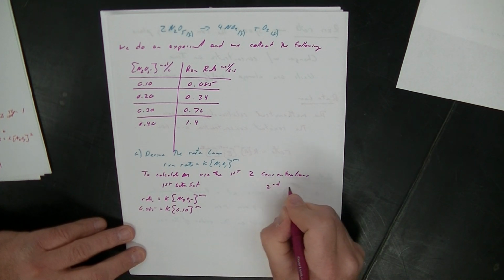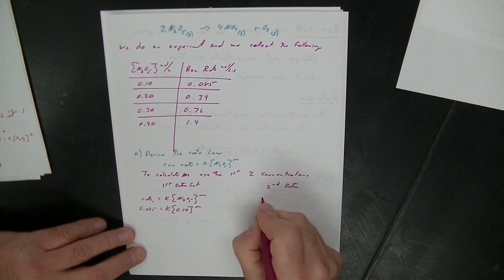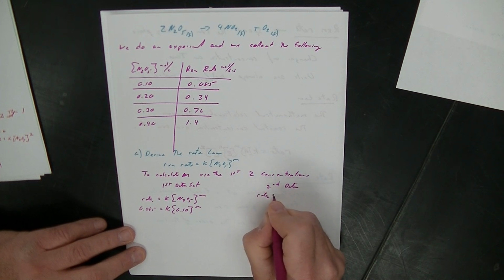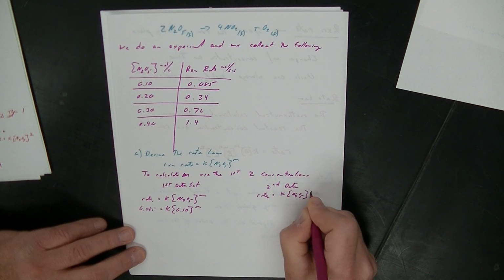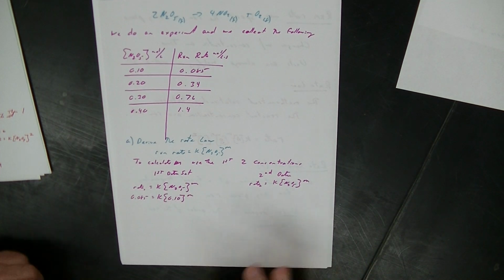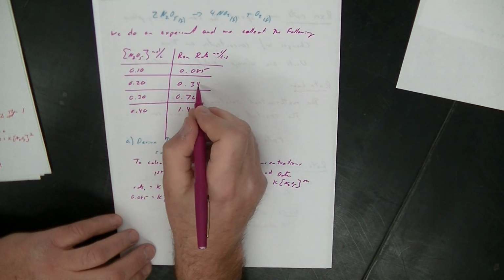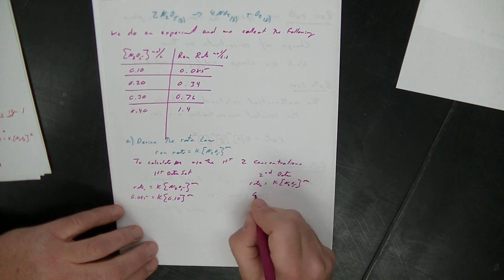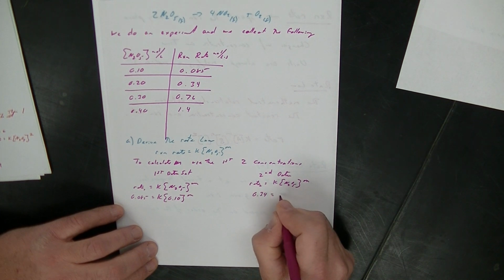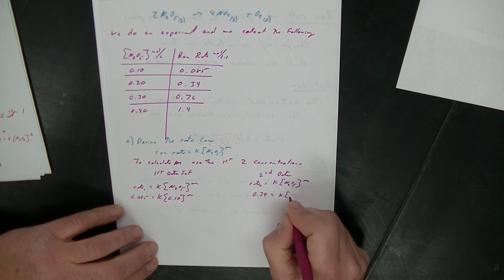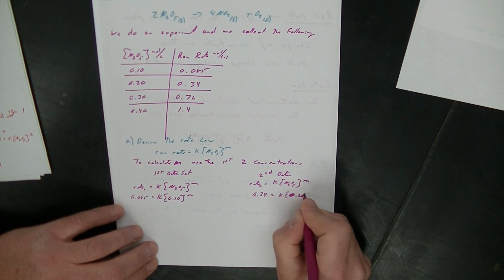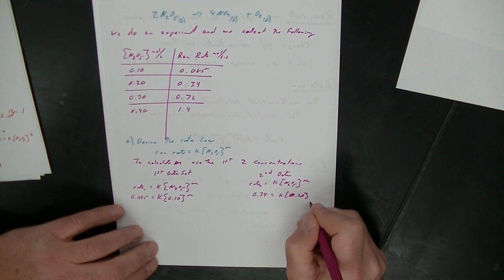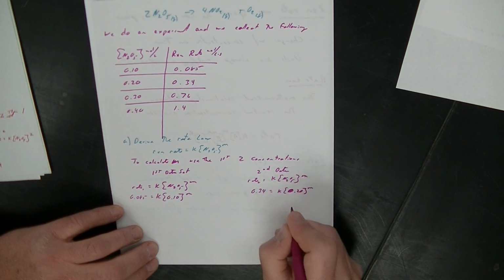Now let's talk about our second data set. And we're going to do the same thing. Rate 2 is equal to some constant K times N2O5 to the M. Well, our rate 2 is 0.34 equals some constant K times the concentration, we know the concentration is 0.20 to some order M.